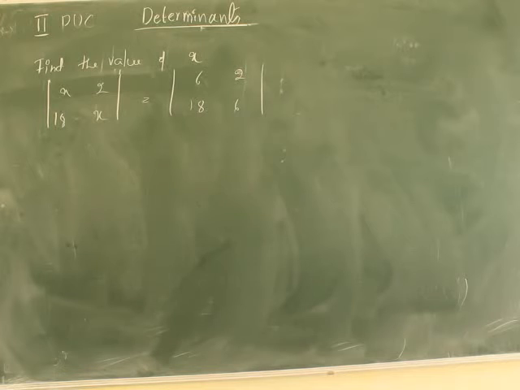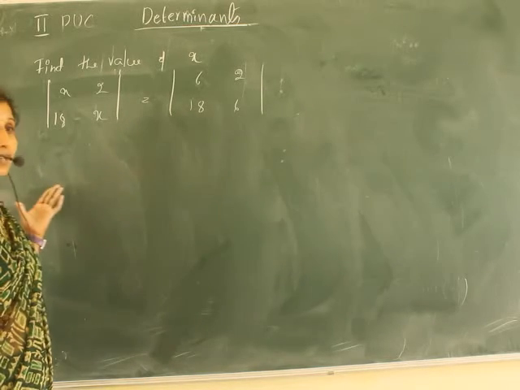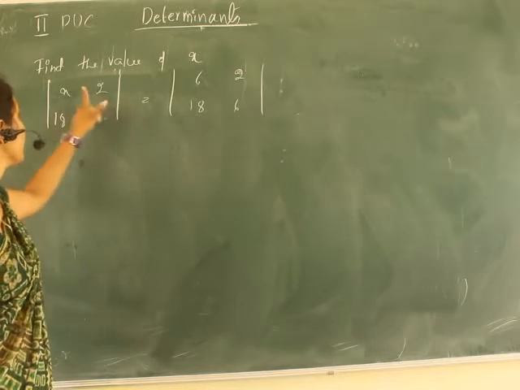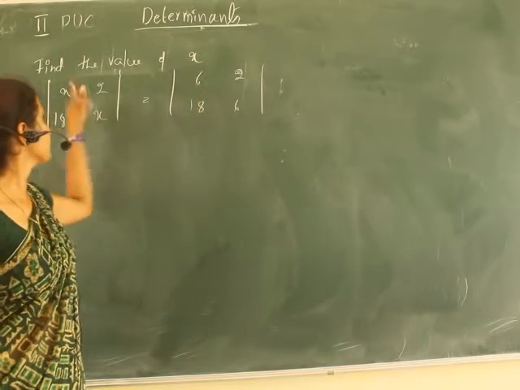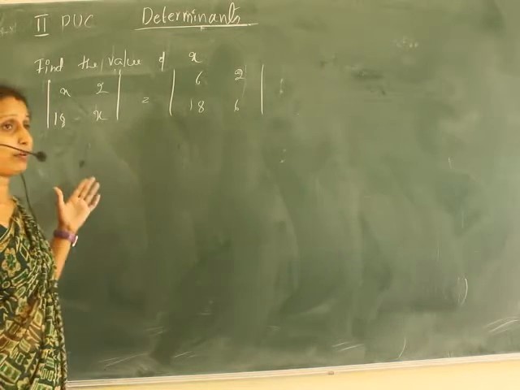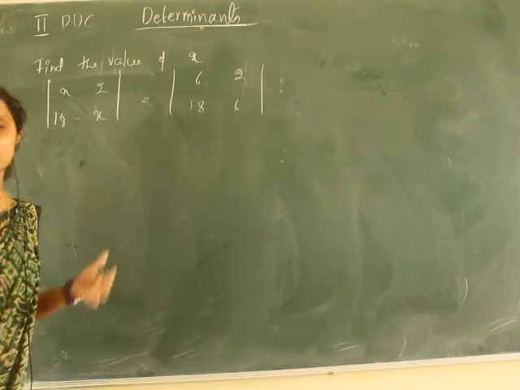So these two values are given. So what can we evaluate now? First we have to expand. You may think the determinant values are the same, so you may think the numbers are the same. But here it is a determinant. You can see here also 18, here also 2. So here x and x, you may think the x value is 6 itself. But we cannot tell whether it is plus 6 or minus 6.